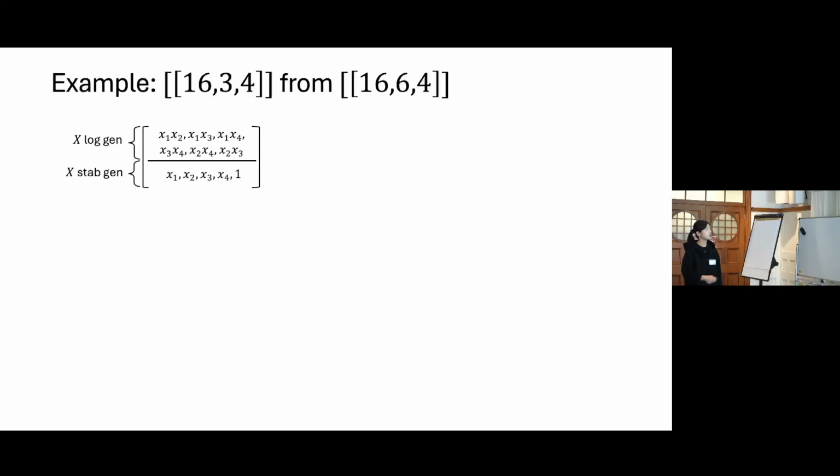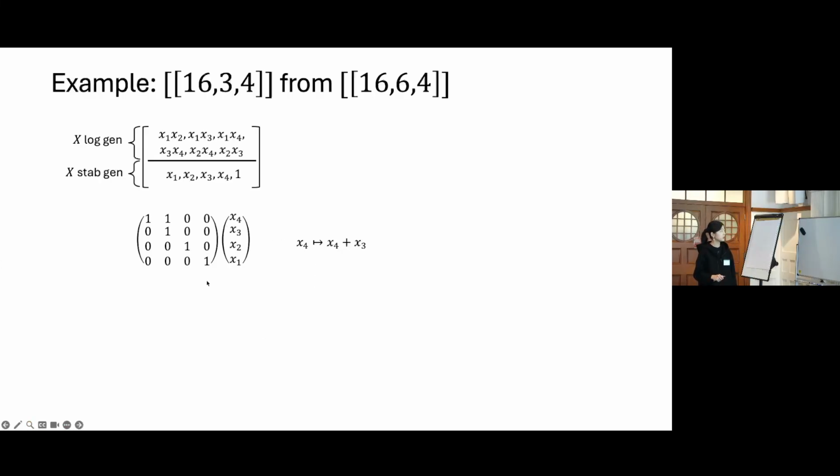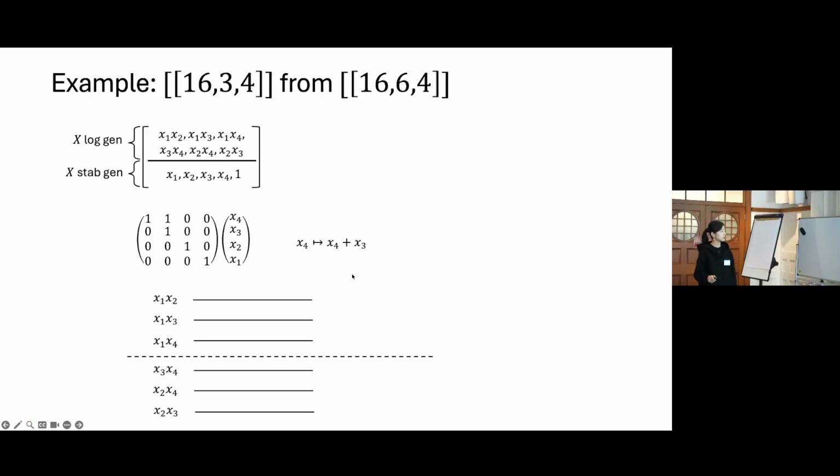Another example is to obtain this 16-3-4 phantom code from this parent QRM code, where for the X logical generator, you have these 6 degree 2 monomials, and stabilizer generators are degree 1 or 0 monomials. So again, a concrete example: here A is like this, and then the mapping is like this, others are invariant. And if you plot out the 6 logical qubits, and then calculate the transformed polynomial, you will see something like this.